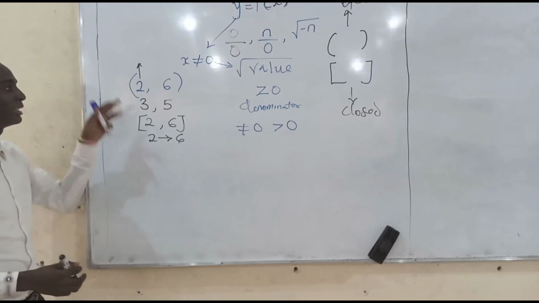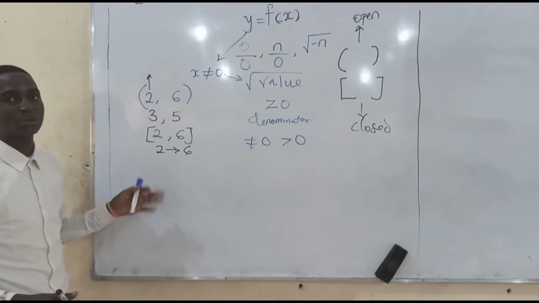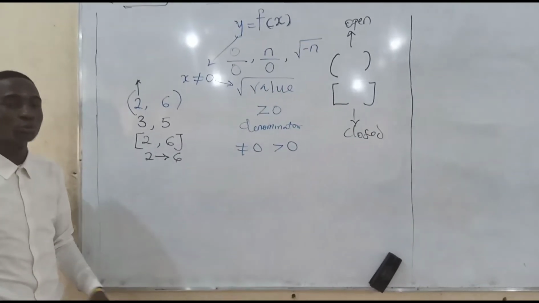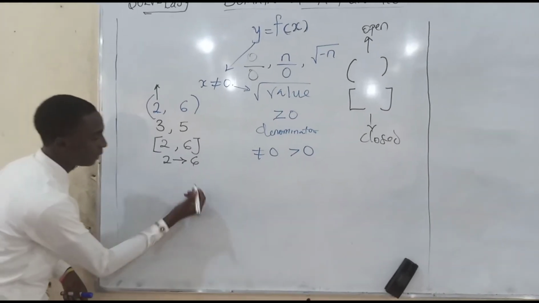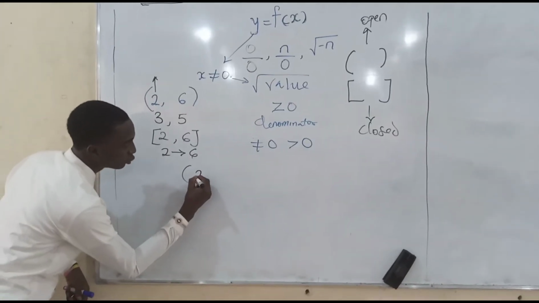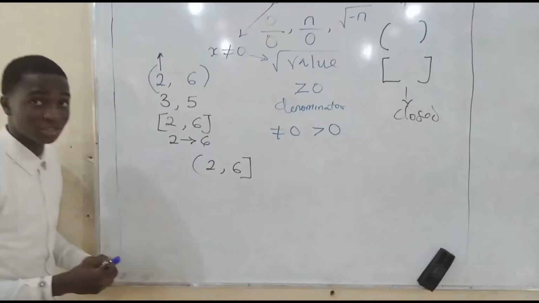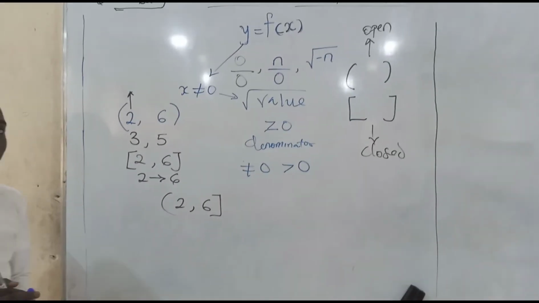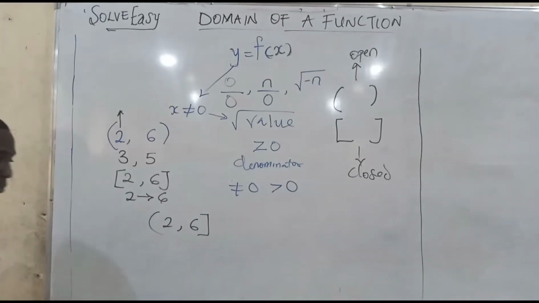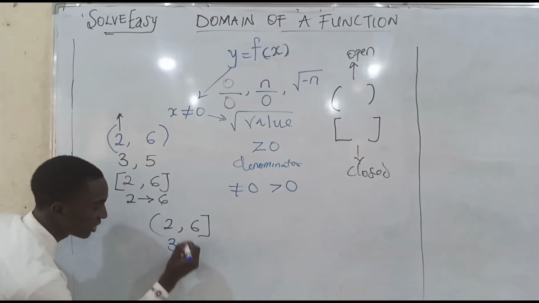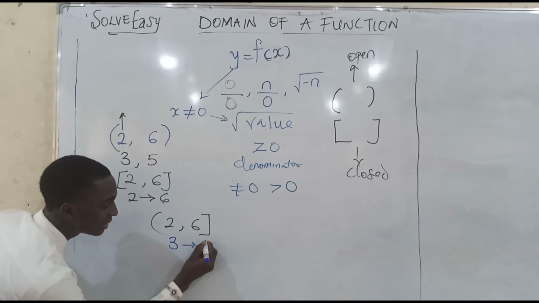So we are going to combine the open bracket and closed bracket, which we call mathematically a clopen bracket. So if I'm having 2 here and I'm having 6, but I'm putting a closed bracket on 6, what will happen here? It simply means that the number starts from 3 and ends in 6.